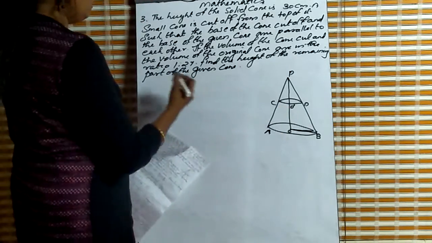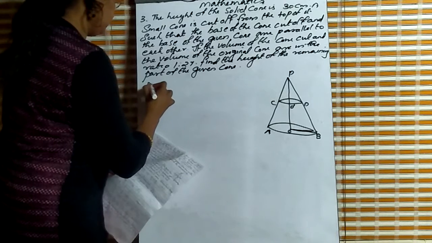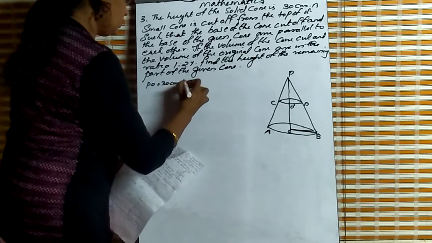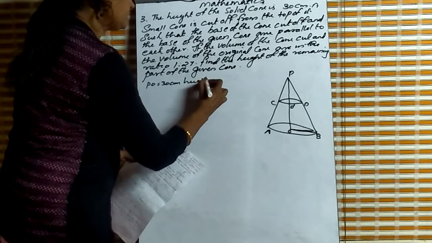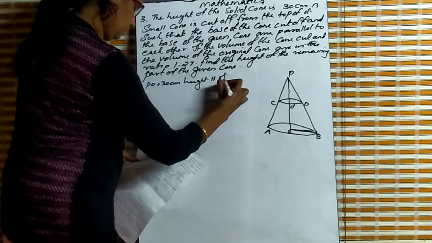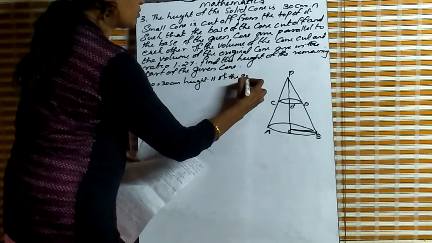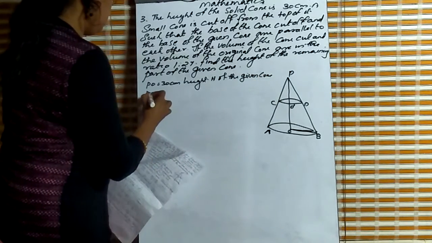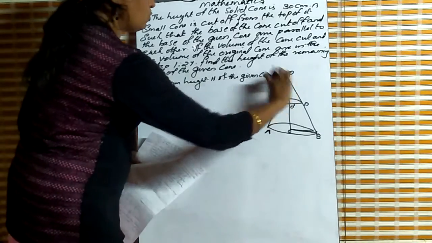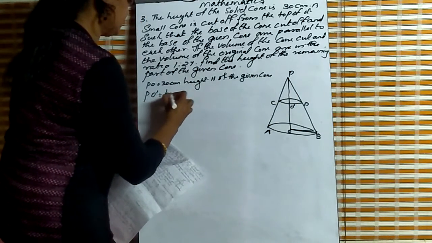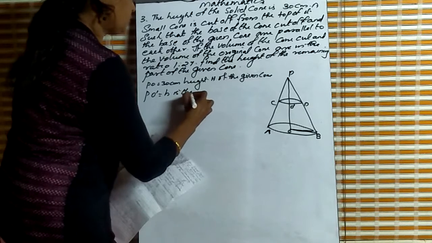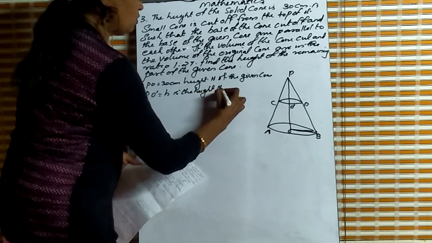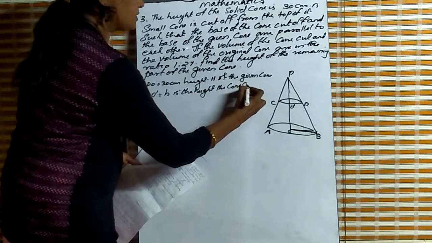For that, first we take PO is equal to 30 centimeter is the height H of the given cone. Then PO dash is equal to h is the height of the cone cut.